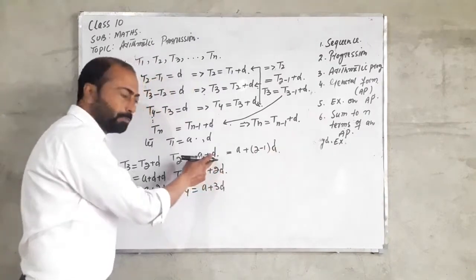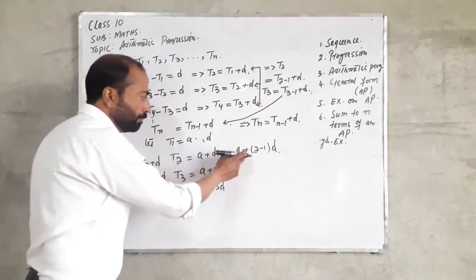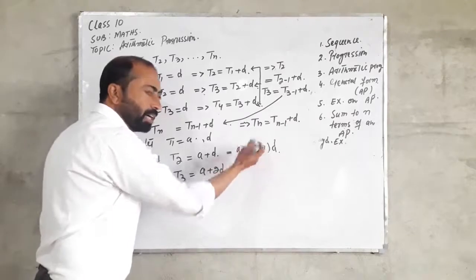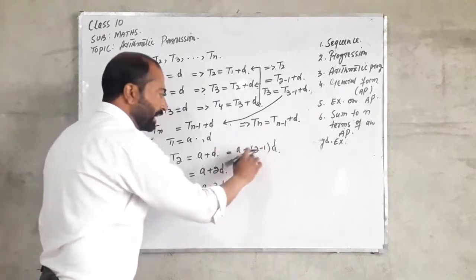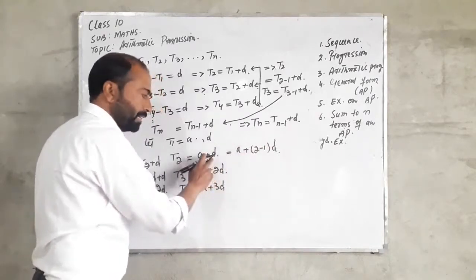Here the coefficient of D is 1. So A plus 2 minus 1 is 1 again. That means you are getting A plus D.